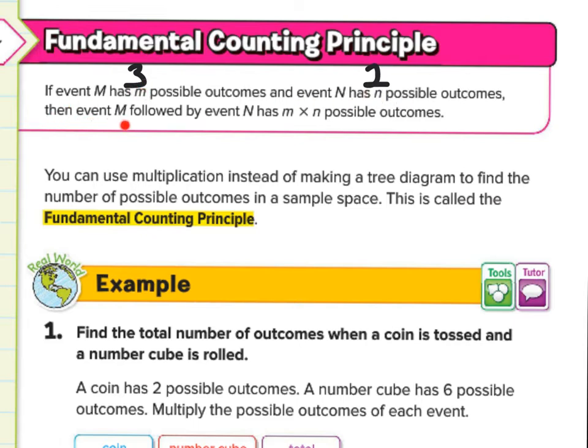Then event M followed by event N has M times N possible outcomes. This is the example we just did. So it would be 3 times 2, which equals 6 different outcomes. And that's what we had. Therefore, you can use multiplication instead of making a tree diagram to find the number of possible outcomes in a sample space. This is called the fundamental counting principle.